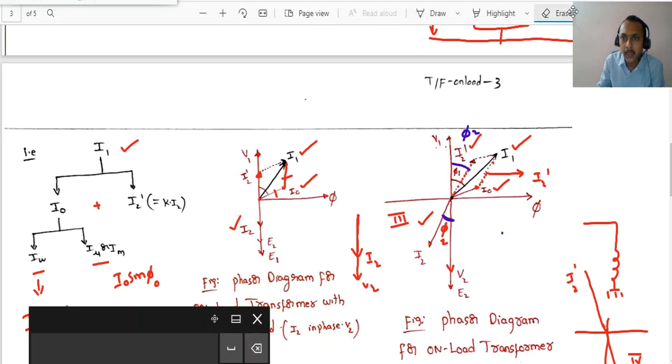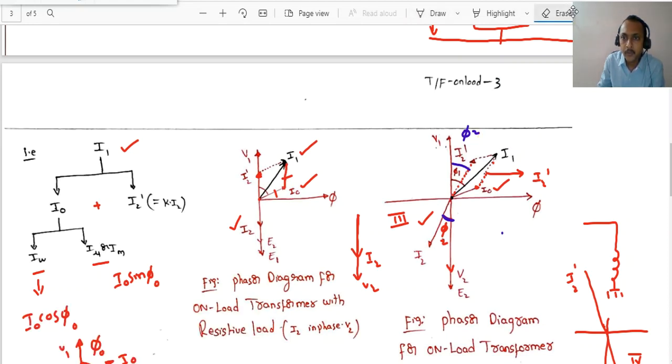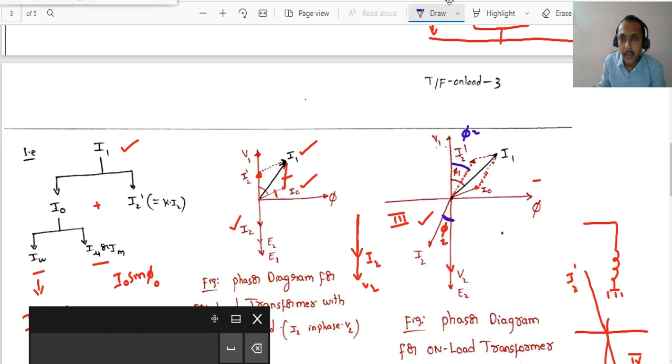Our target is to get the angle between which two? The angle between V1 and I0 is phi naught. But I want the angle between I2 dash and I1. This is the angle we want.